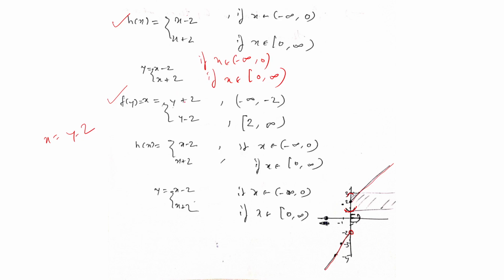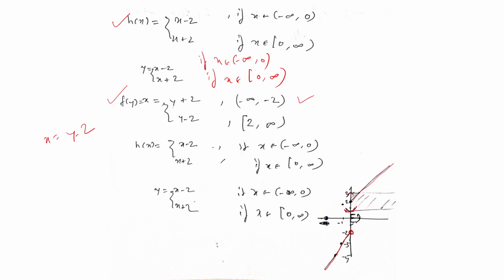Here, how are you getting this? Just put y equals x minus 2, so you will get y plus 2, and it is up to 0. If you put 0 here, you get minus infinity to minus 2, and for closed 0 to infinity, putting 0 here gives closed 2 to infinity. So this will be the inverse function that you will get.